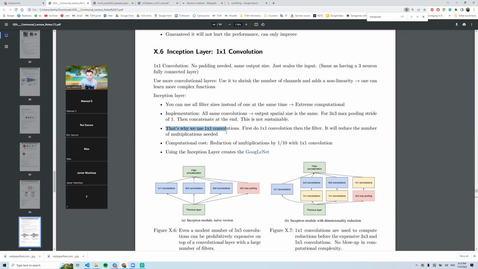We were talking about them a lot, and I have the feeling that from the lectures, it's not quite understood what they do. We said that we use them to reduce the number of calculations. Remember that using them in front of 3-by-3 convolutions will not give the exact same output as just 3-by-3 convolutions, but close enough.